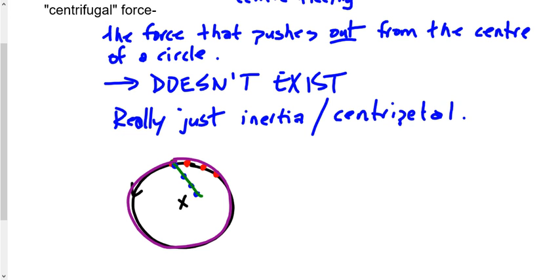When I'm moving to the outside like it was in this green line, that's just inertia. But when I actually make it to the outside and I feel like I'm being pinned against that wall, then it's my inertia that wants me to continue going in a straight line, but the wall or the centripetal force is preventing me from going in a straight line. Does that make sense?